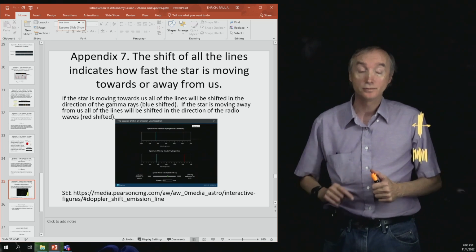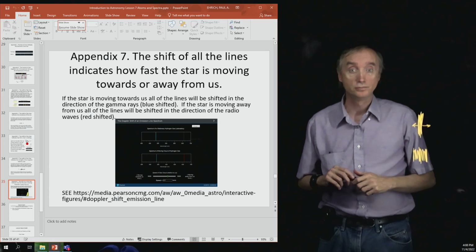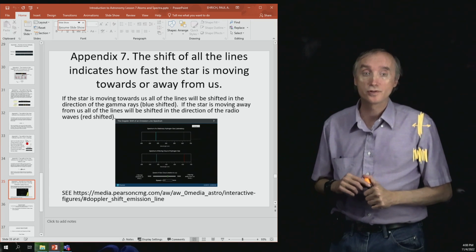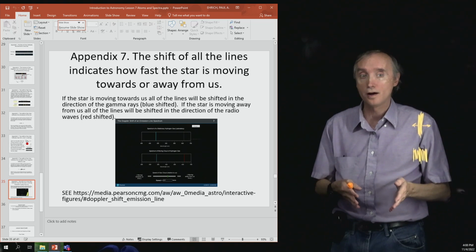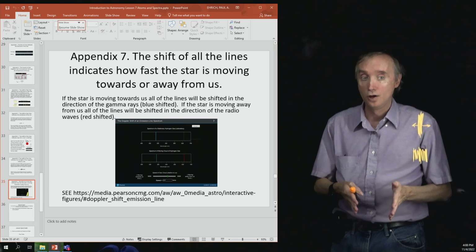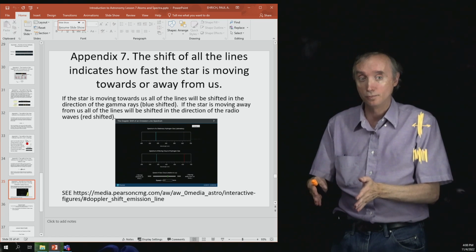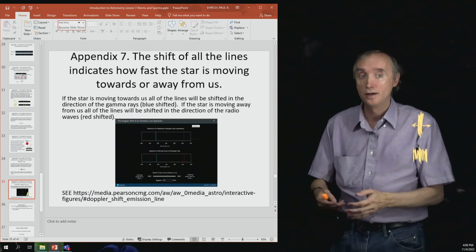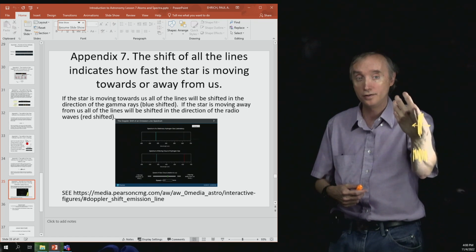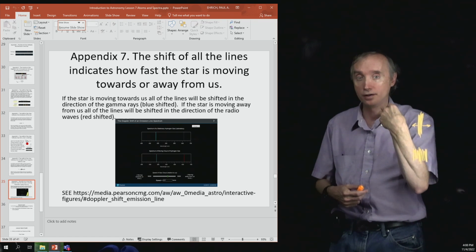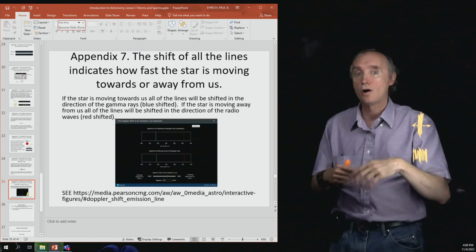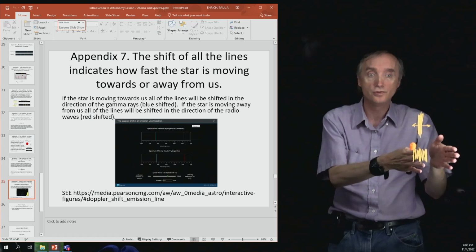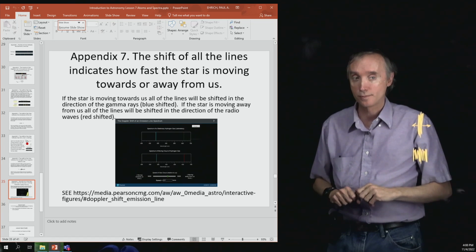But this one, however, you should know, and this just shows that all of the lines in a spectrum will shift towards the blue end of the spectrum if the source of the light is moving towards you, and then if it's moving away from you, all of those lines are going to be shifted to the red end of the spectrum.